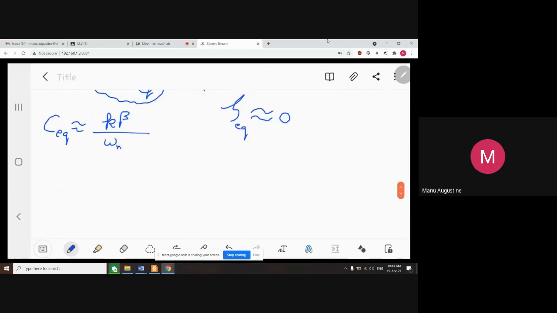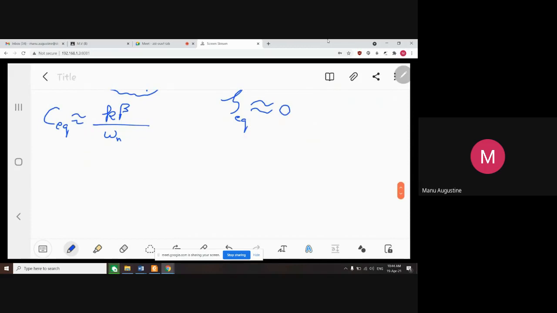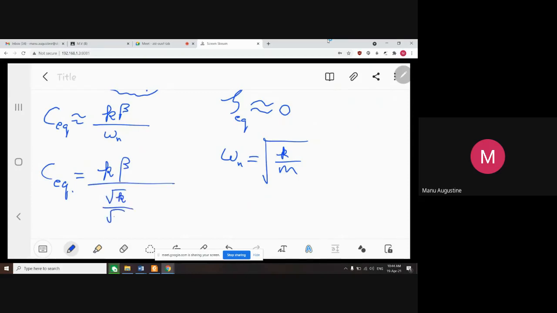And what is ω_n for any system? Damping उसमें किसी भी तरह की हो, उससे अपना कोई मतलब नहीं है। ω_n for an elastic vibration is always under root k by m। ठीक है, तो अब अपन ये जो चीज है ये इसमें डाल देते हैं। So your C equivalent would be equal to k β upon under root of k by m.